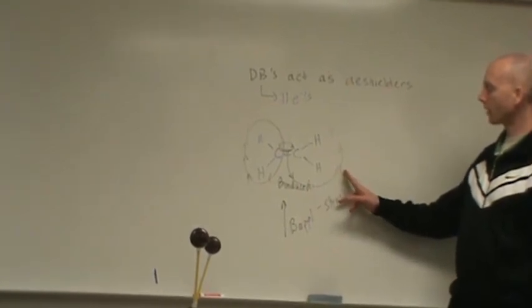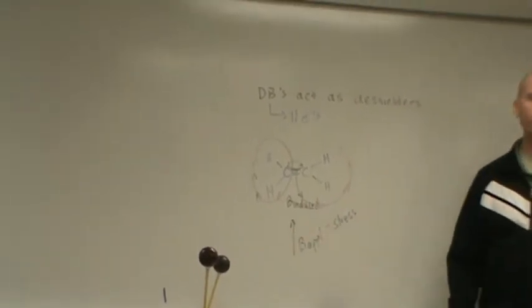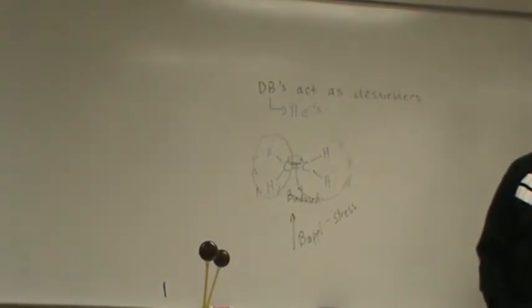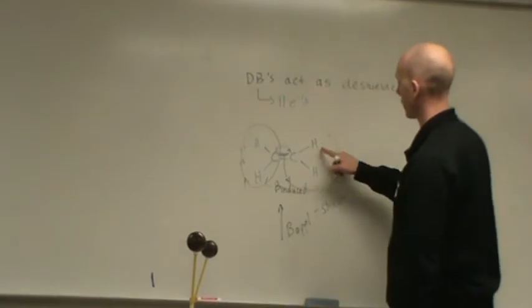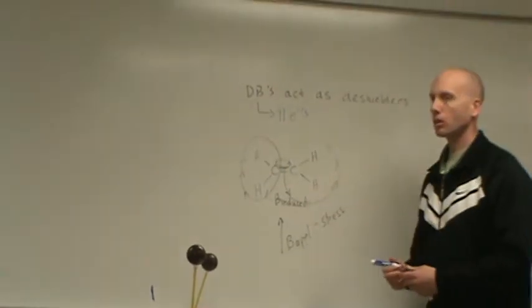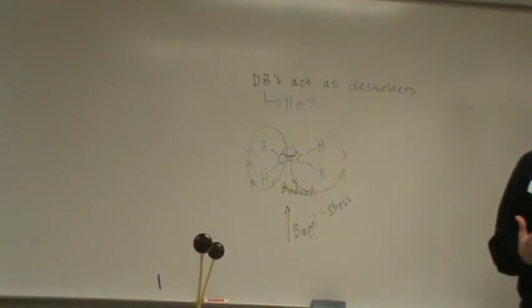Look out here, these arrows are going with this arrow here. So will these electrons feel the magnetic field easier or more difficult?